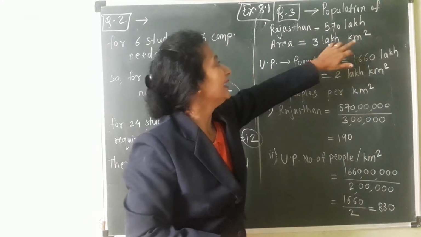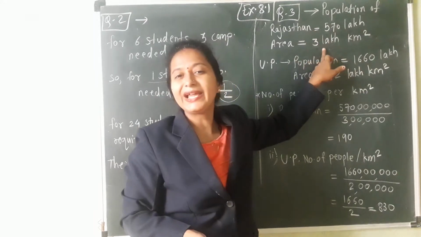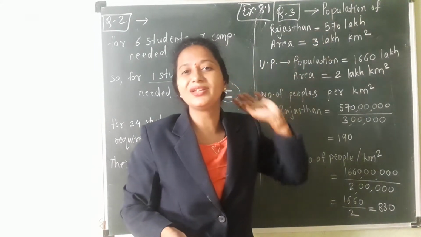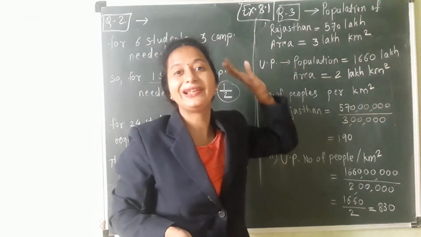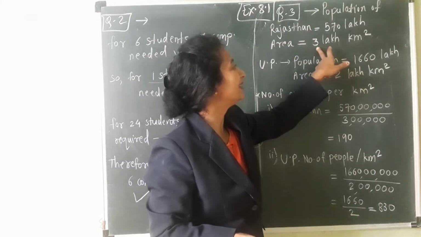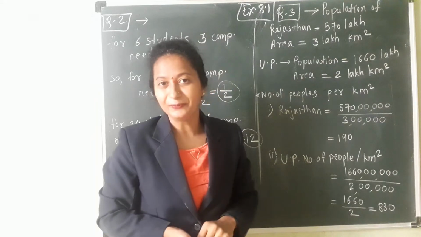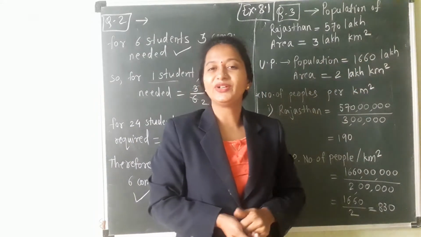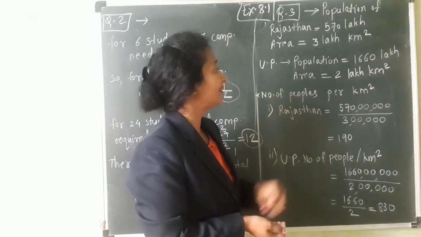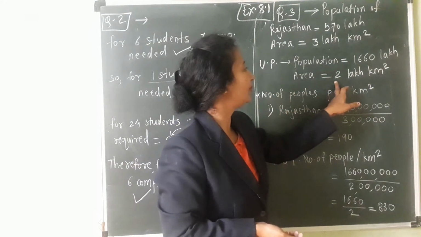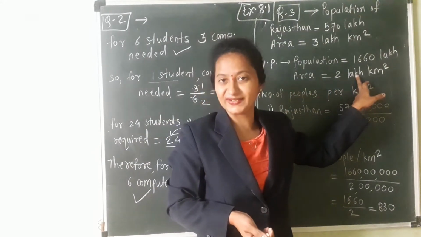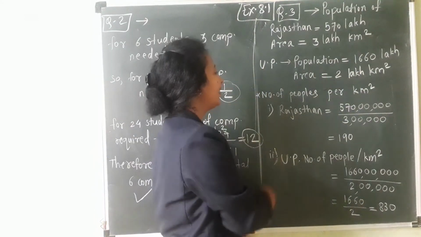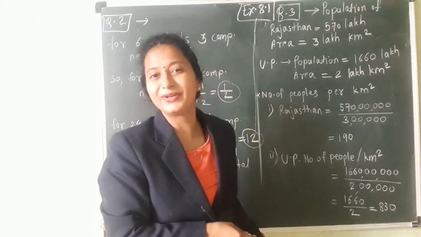That means 570 lakh people are staying in 3 lakh kilometer square. And in UP the population is 1660 lakh, and the area of UP is 2 lakh kilometer square. What we have to find is the number of people per kilometer square.